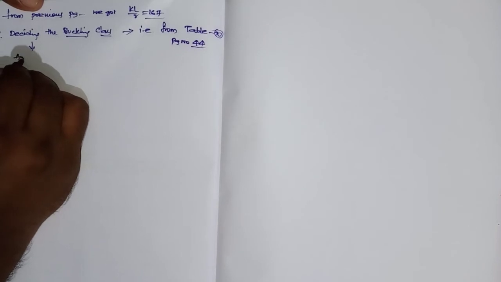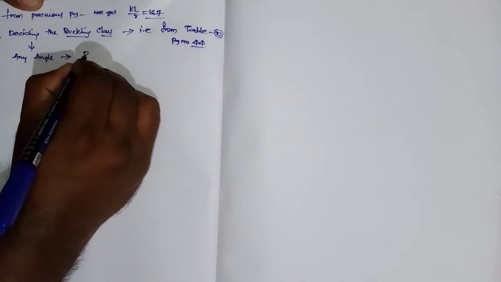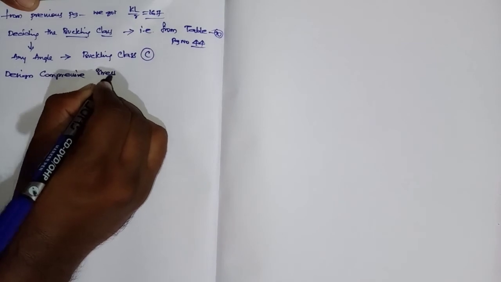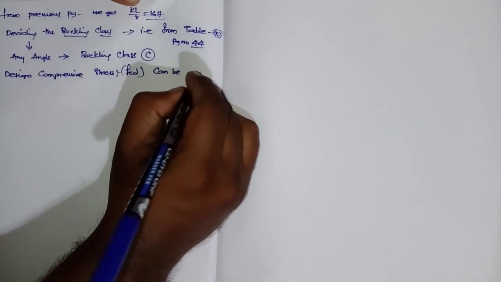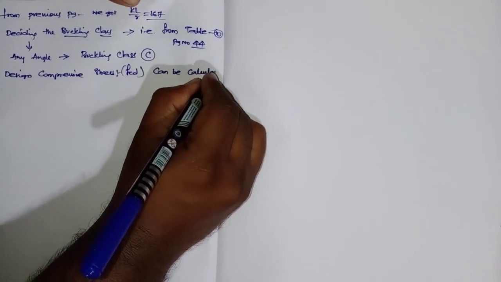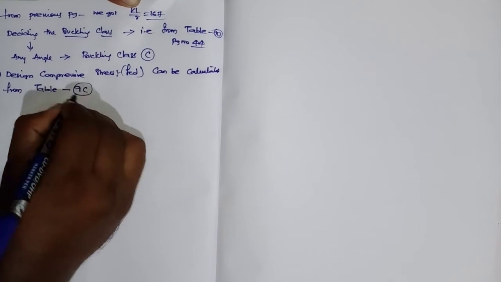Any angle section comes under buckling class C. So the design compressive stress, fcd, can be calculated from table number 9C.